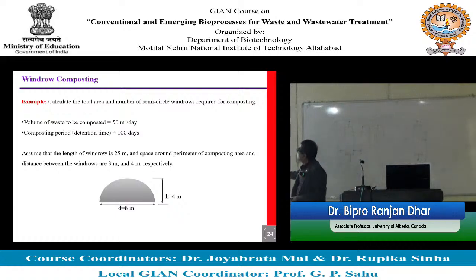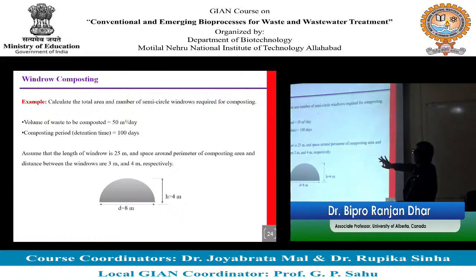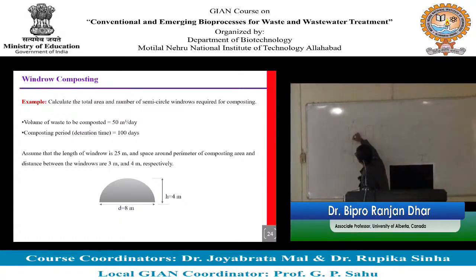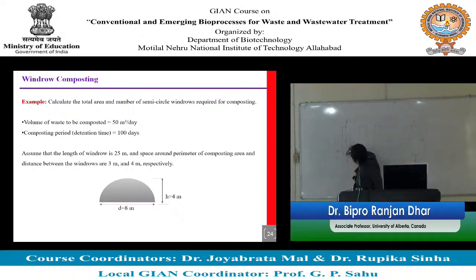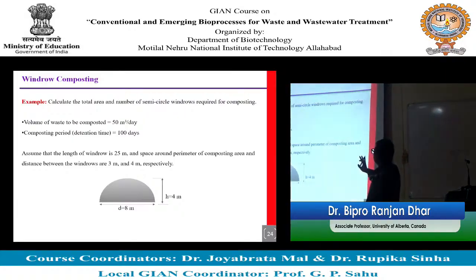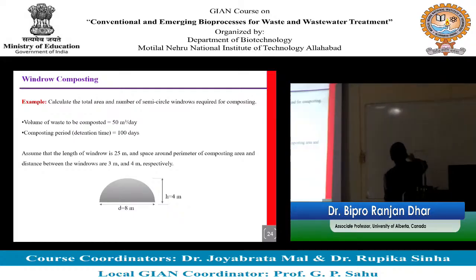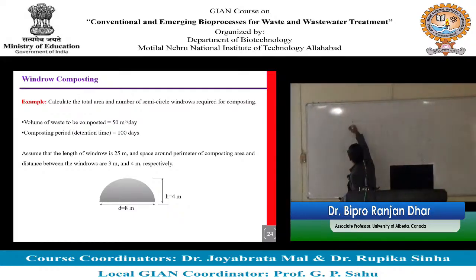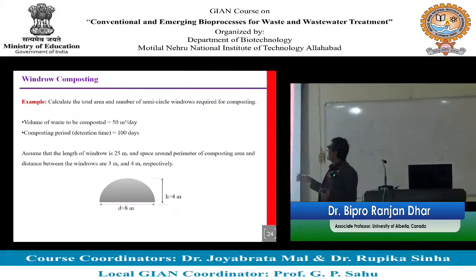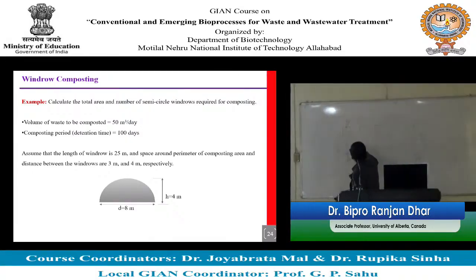So we are saying that the length of the windrow is 25 meter. So this is 25 meter. And space around the perimeter is 3 meter. So here it's 3 meter, here it's 3 meter, here it's 3 meter. And distance between two windrows is 4 meter. So between two windrows we have to keep 4 meter.